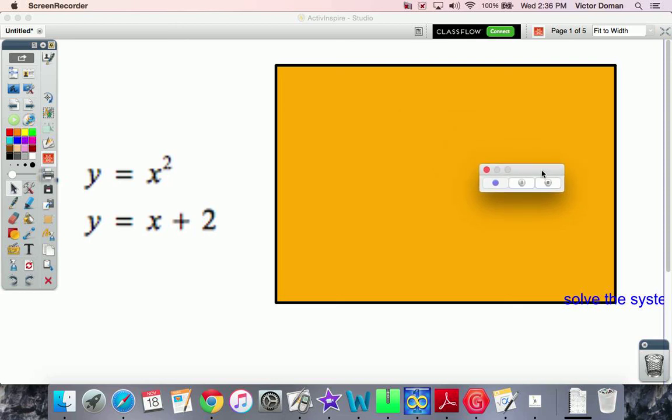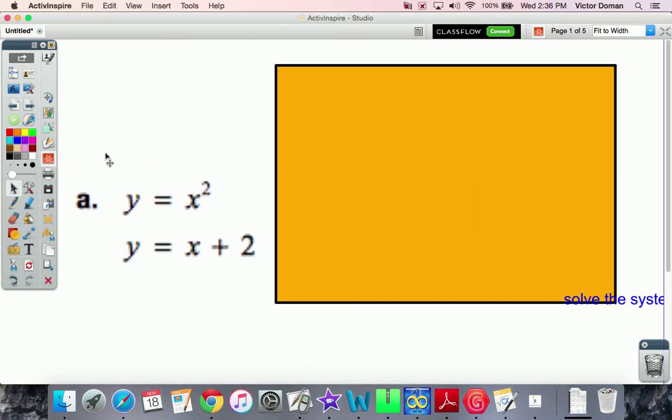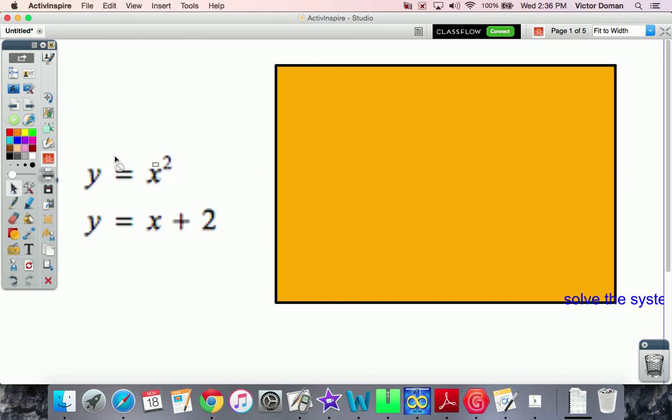This is how we're going to solve nonlinear systems of equations. So let's say I'm rolling through my math world and I come across an equation or an opportunity to find out when I'm going to get the same values for x and y in two simultaneous equations. So I come across a problem that says solve the system of equations.